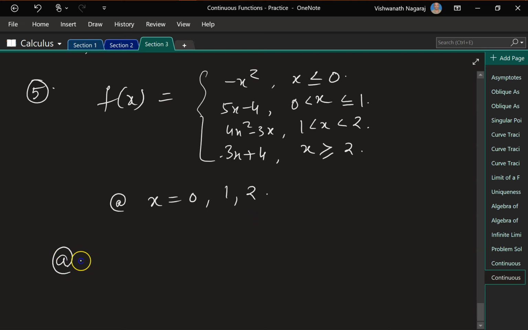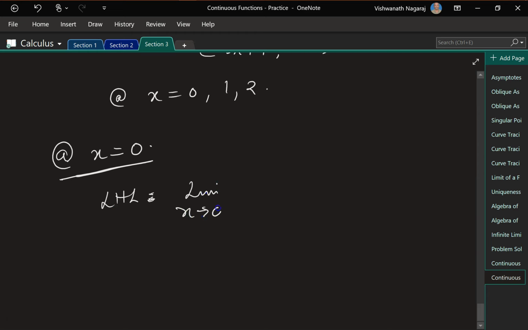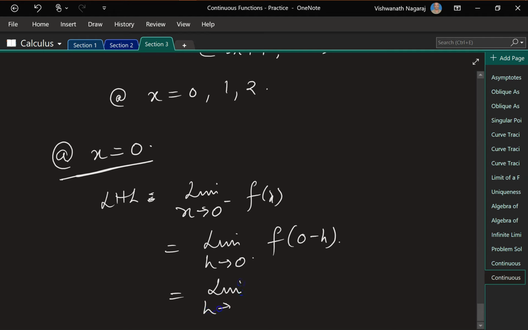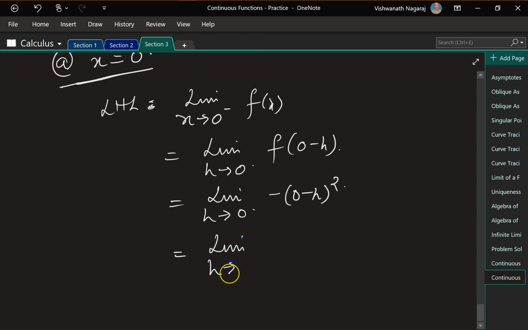So let's look at x equal to 0. LHL, limit as x approaches 0 from the left hand side of f of x, is equal to limit as h approaches 0 of f of 0 minus h, which is equal to limit as h approaches 0 of minus 0 minus h square, which is limit as h approaches 0 of minus h square.